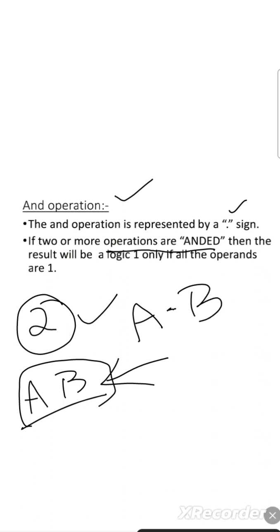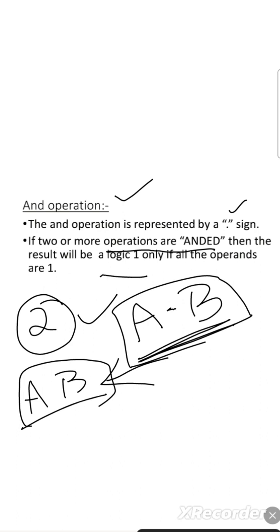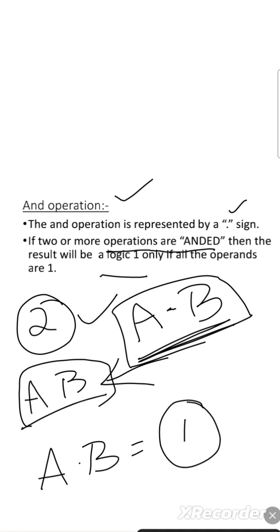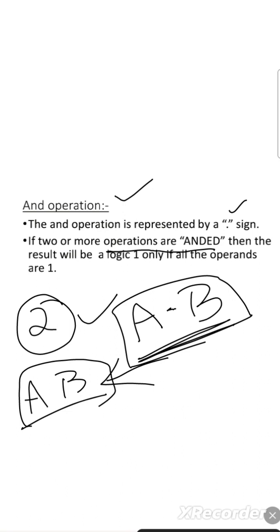So here these two operands are ANDed. Then the result will be a logic 1. So A dot B equals 1 when these two operands are also logic 1.